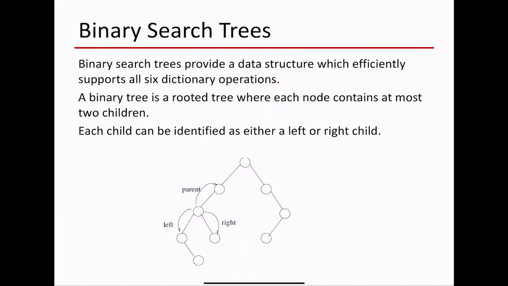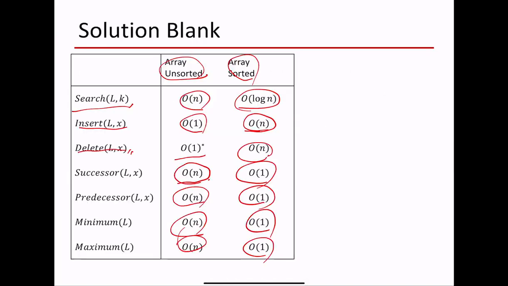Yeah. Professor, with the deletion for an unsorted list, isn't it O(n)? Okay, let me see. So I want to delete this one. My argument is that for the delete function, you're passing a number X, right? First, we have to find that number in an unsorted list.